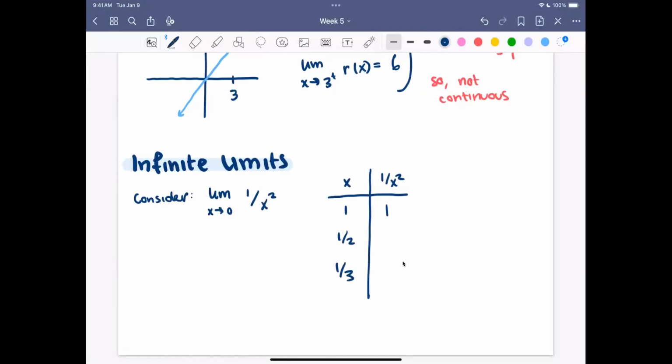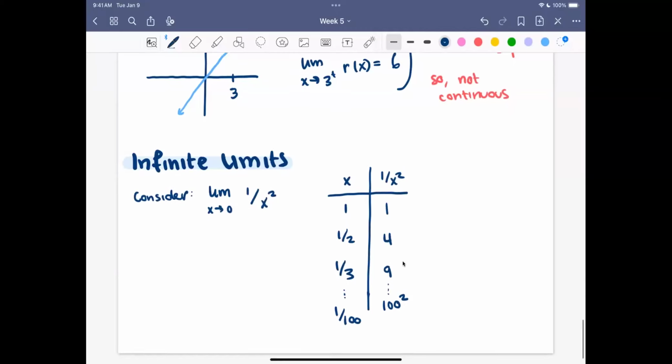When I plug in 1/2, I'm going to take the reciprocal and square it, so I get 4. And then here I'll get 9. Let's say down the line, I'm plugging in like 1 over 100. Then here I would get 100 squared, right? So as you plug in smaller and smaller numbers here, we're getting huge outputs.